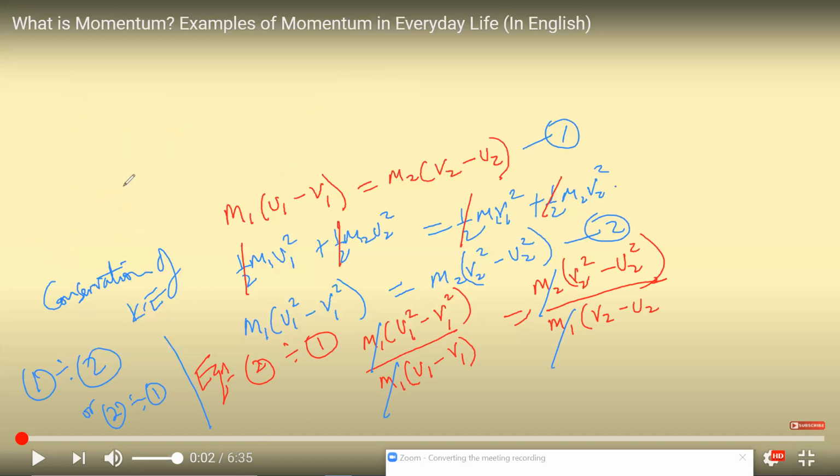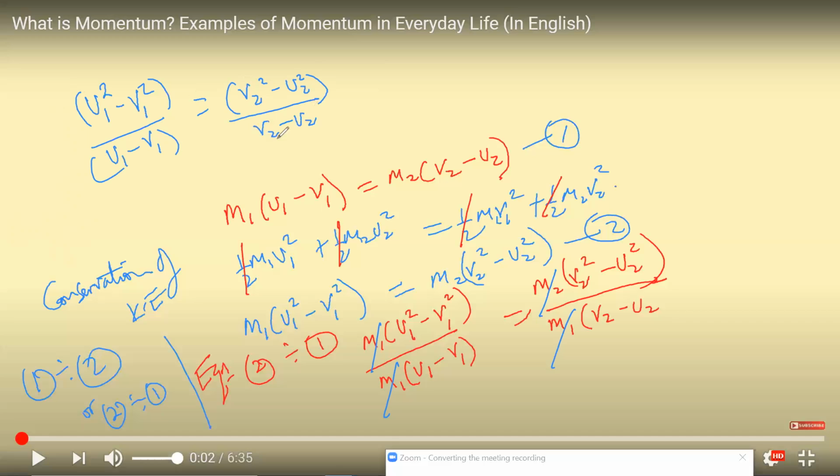All right, so we have u1 squared minus v1 squared over u1 minus v1 being equal to v2 squared minus u2 squared, divided by v2 minus u2. So from there, what do you know about the difference of two squares?